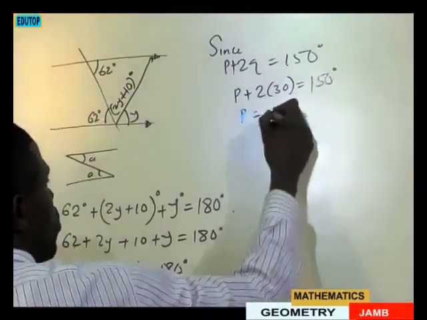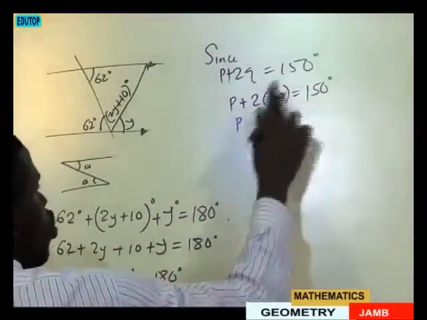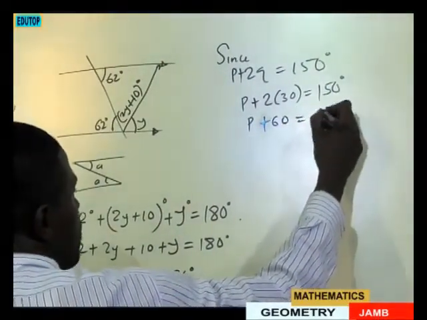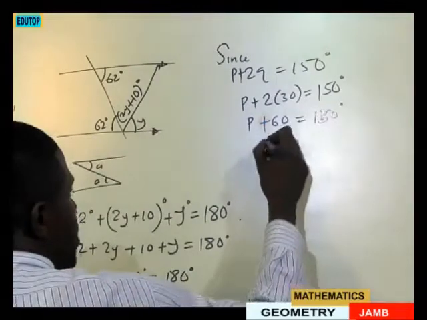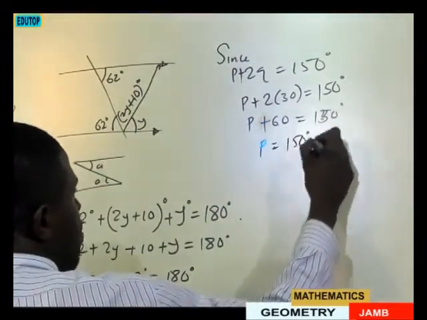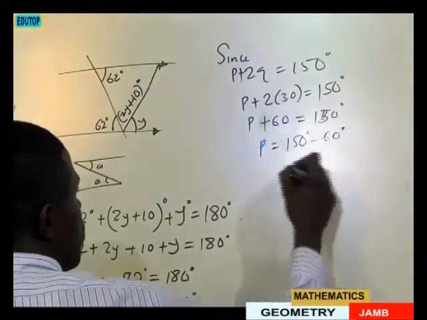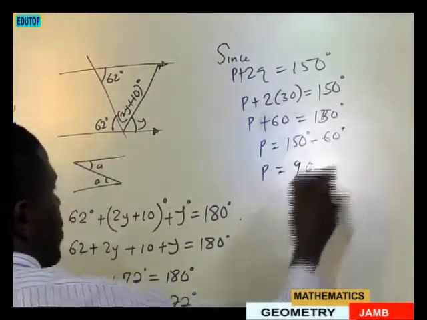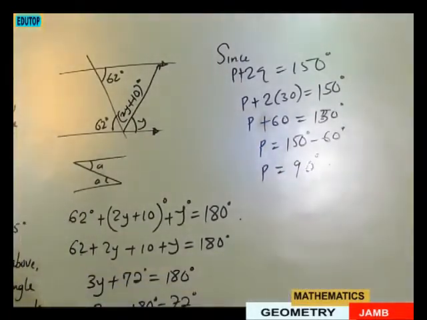Then P plus 2 times 30, that's 60, equals what? 150 degrees. Then my P can be 150 degrees minus 60 degrees, which is P equals what? 90 degrees. My P is 90 degrees.